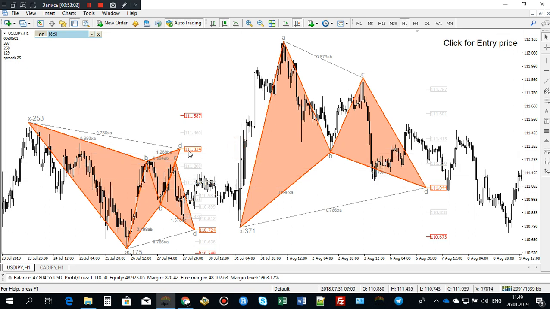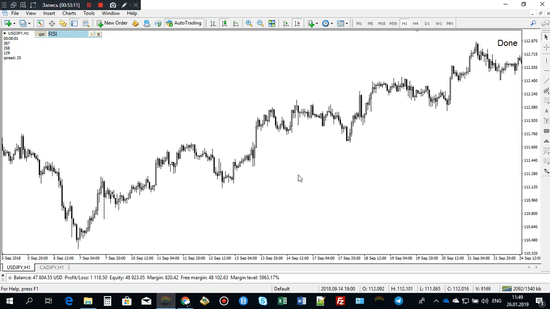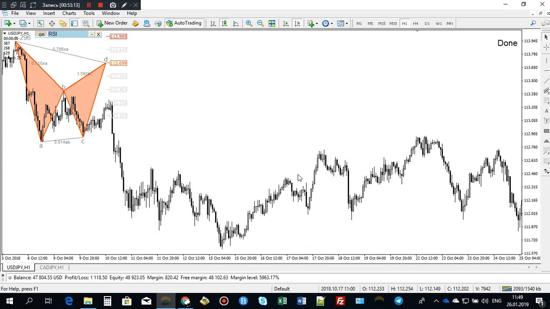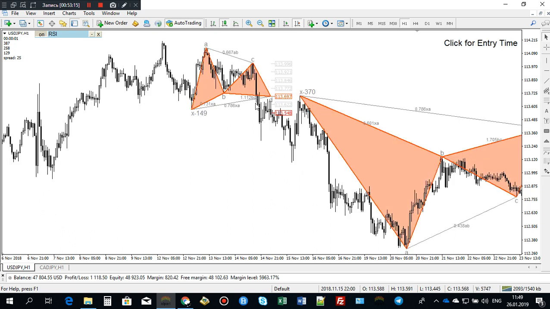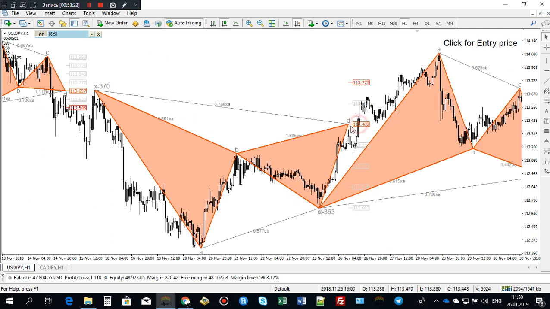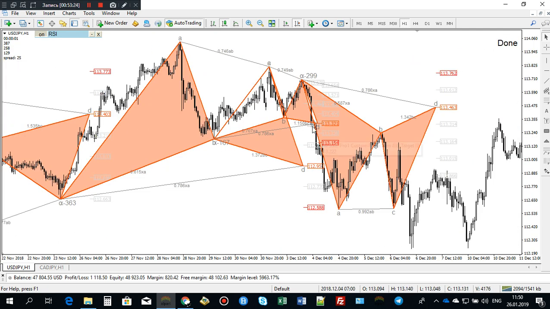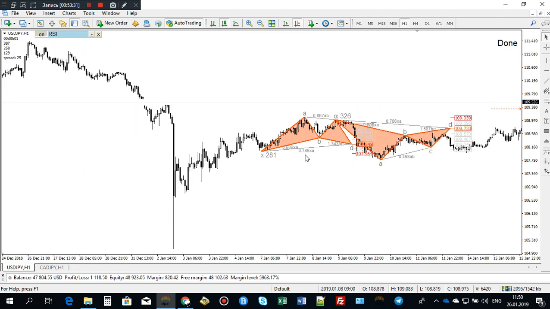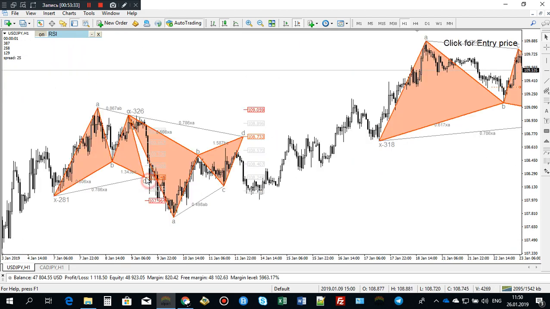Oh, nice, bearish winner, time, price, win. Bullish, time, price, win. It hits the target, this is the target. Nothing here. October 2018, so time, price, win, no, time, price, loss, time, price, loss, time, price, loss, time, price, loss.